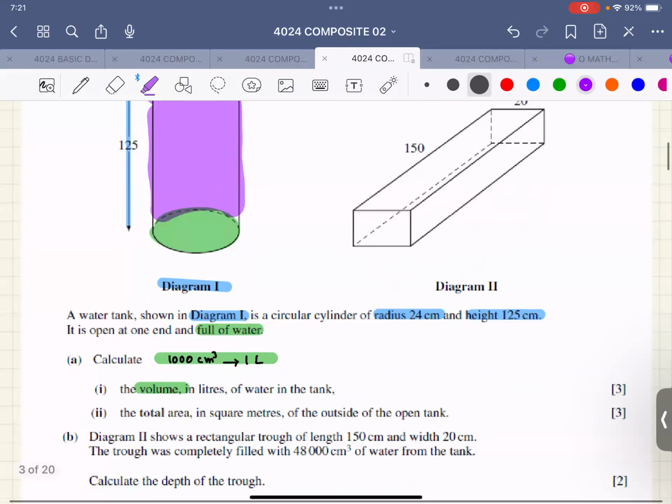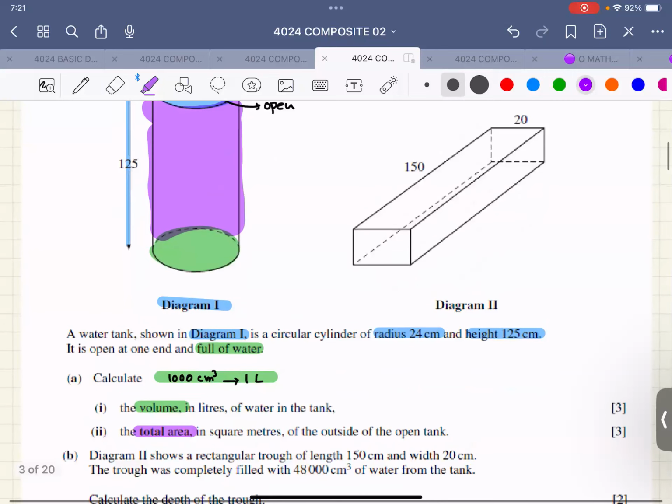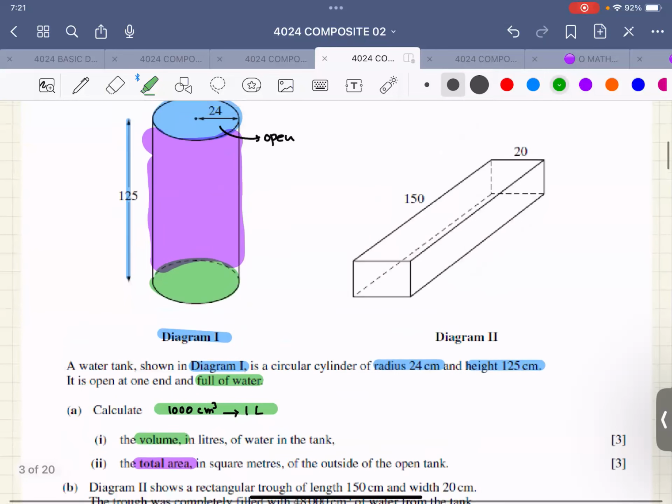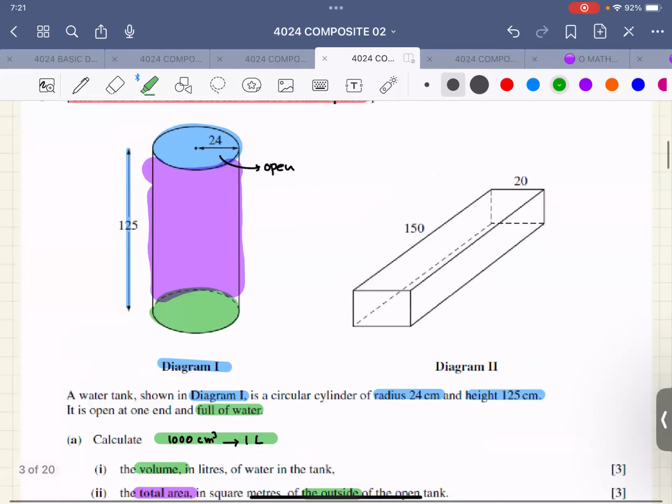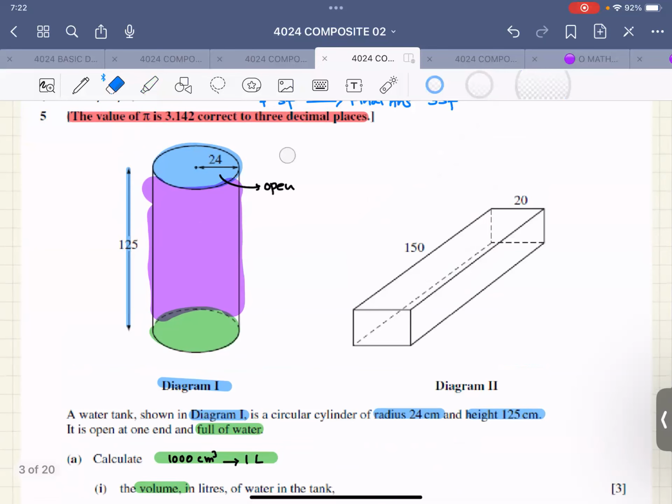Then we have to find the total area of the outside of the open tank. That will be the purple area and the green area. There is no top area, so let me remove this. There is no top area.